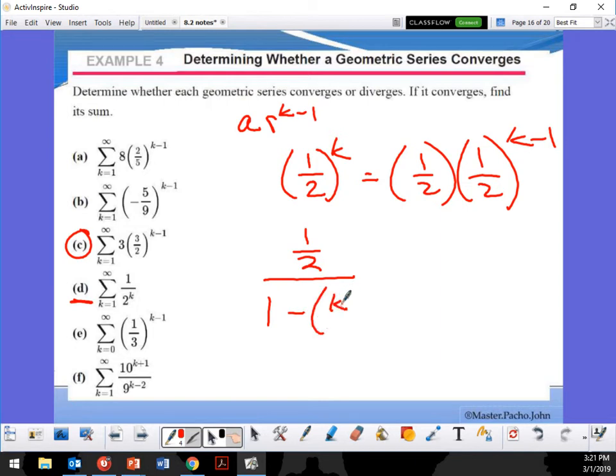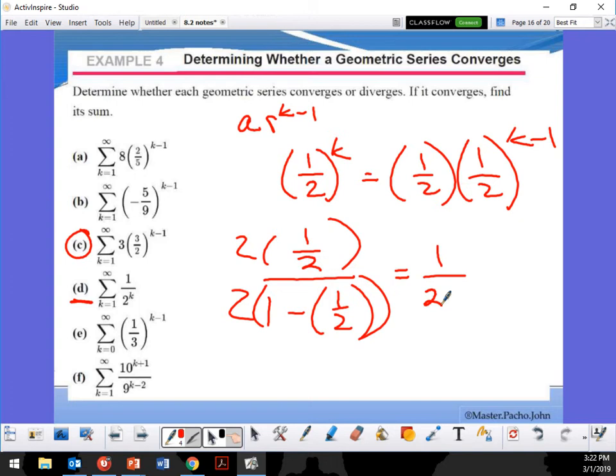Okay. Yes. Common denominator is going to be what? 2. Multiply everything by 2, right? So if I multiply top and bottom by 2, that's just going to give me 1 over 2 minus 1, which gives me 1.